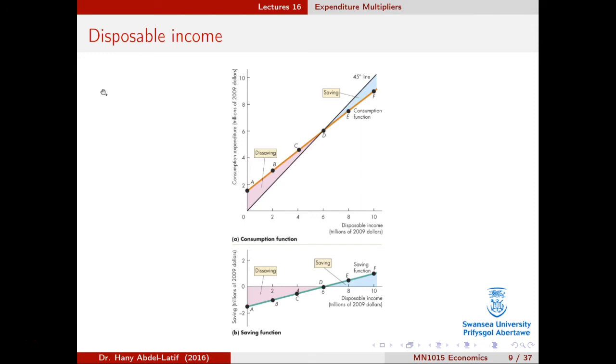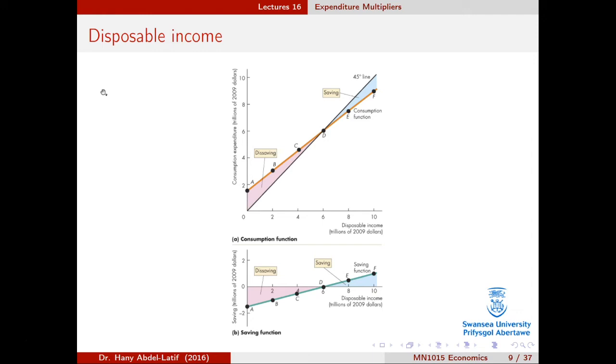And this will take us to a very important point. When your income increases, how much are you going to spend on consumption? That is a very important point, and I'll tell you why in a second.